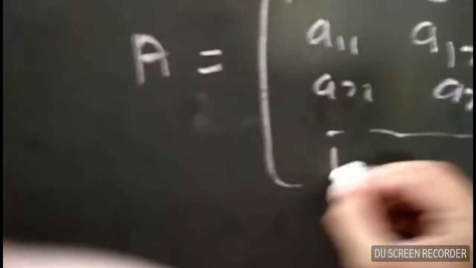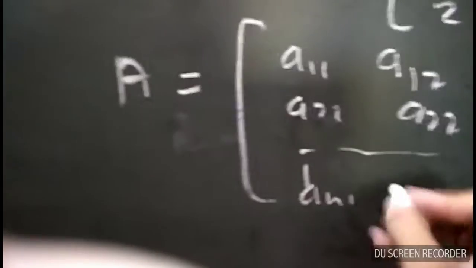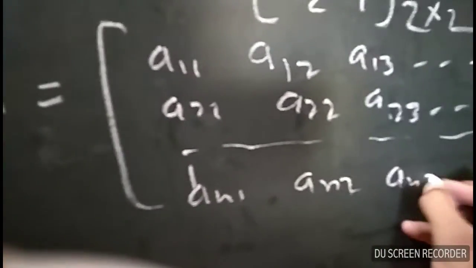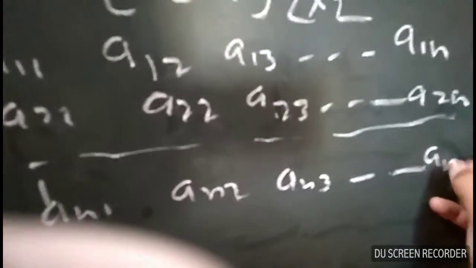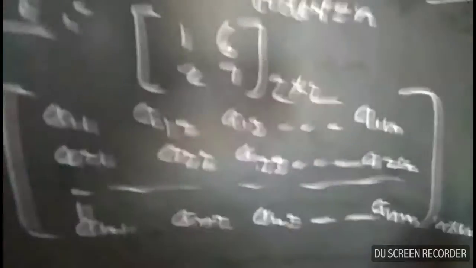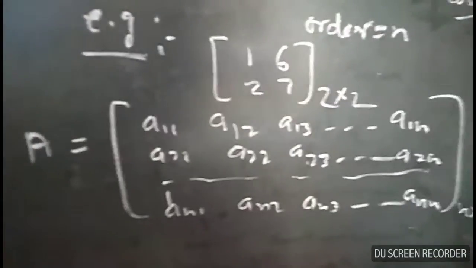Similarly, the nth row is an1, an2, an3 dot dot dot, ann. That is a matrix of order n cross n.